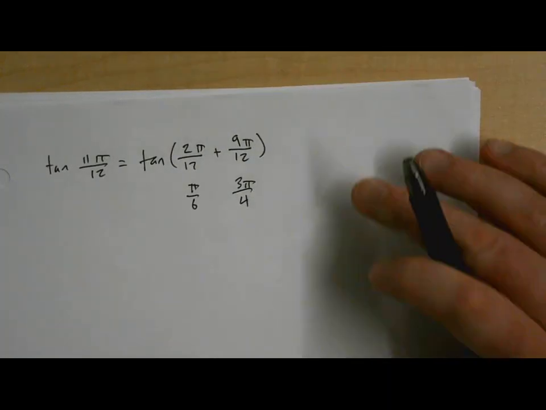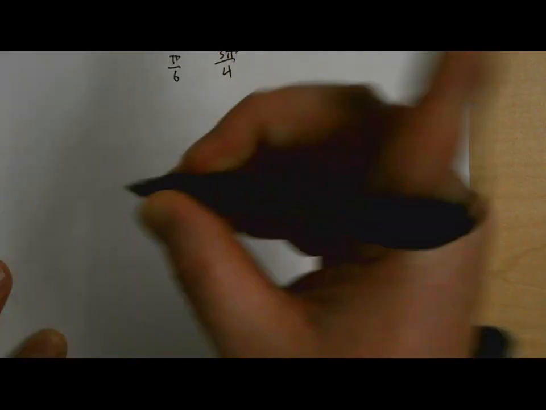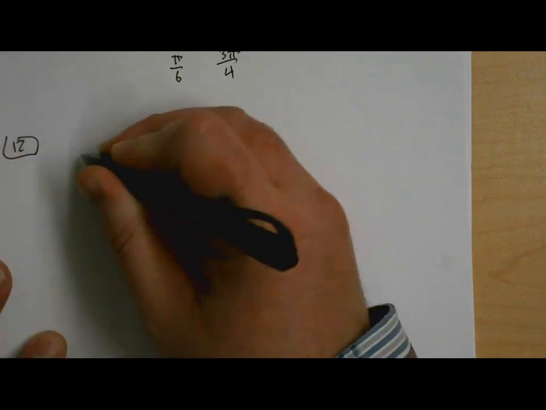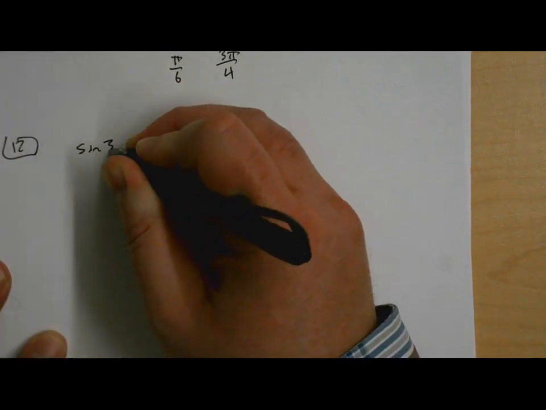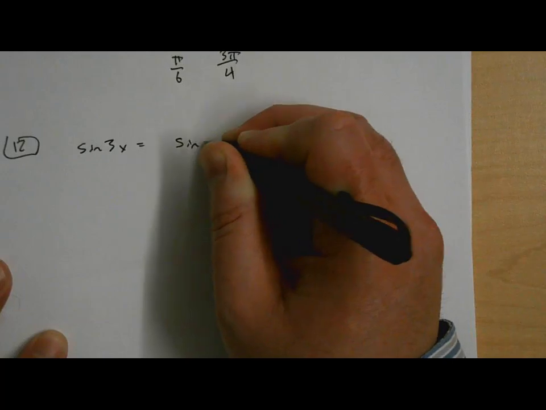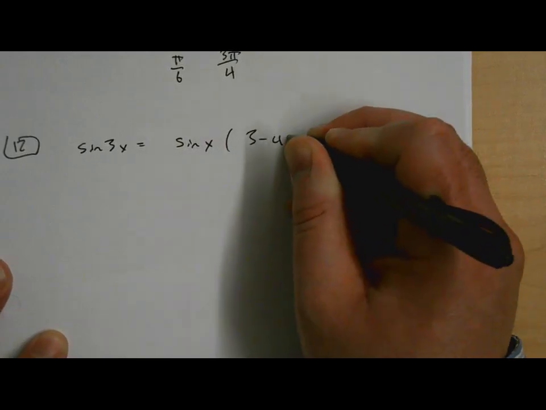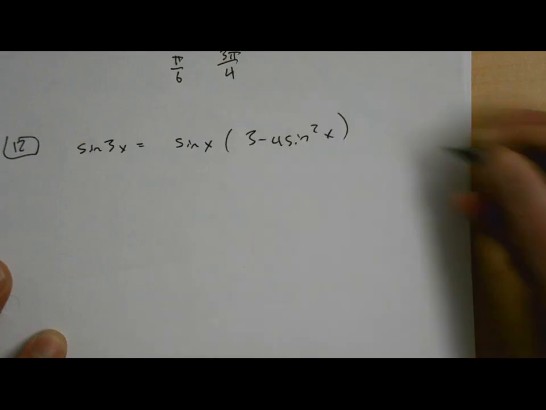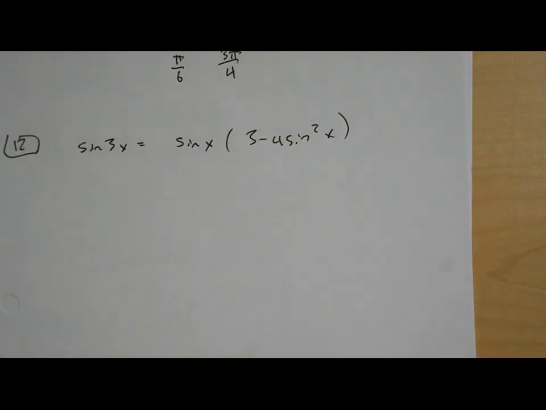Yeah. I'm going to give you a hint. I'm not going to do the whole thing. We're trying to show that sine 3x equals sine x times 3 minus 4 sine squared x. I have no idea. I've done this before, but it's been at least a year. So I'm thinking we rename that sine 3x as x plus 2x, or 2x plus x.